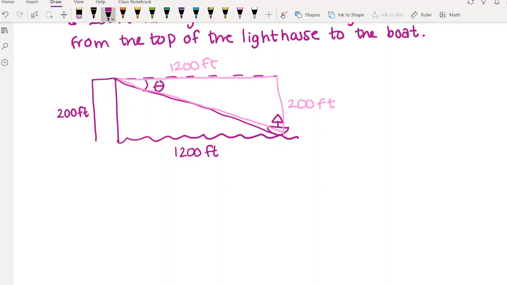So to solve this, we look at what information we have. So we have the opposite and the adjacent side. So we know that tangent of theta is equal to 200 over 1,200. And that reduces to 1 over 6.